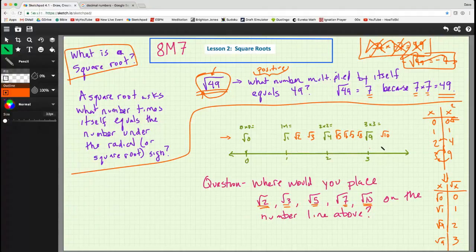I hope this makes sense, because if 2 times 2 is 4, then a number times itself to equal 5 has to be greater than 2. It has to be like 2 times 2.2 has got to be close to 5. We can't find a number less than 2 times itself that'll be close to 5. That number's got to be between 2 and 3.